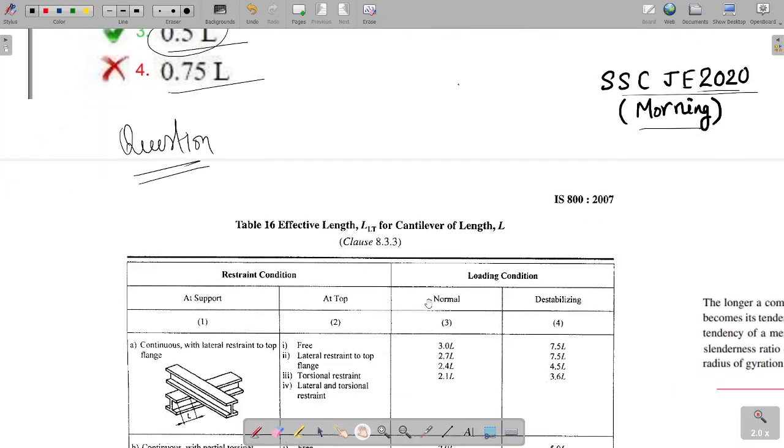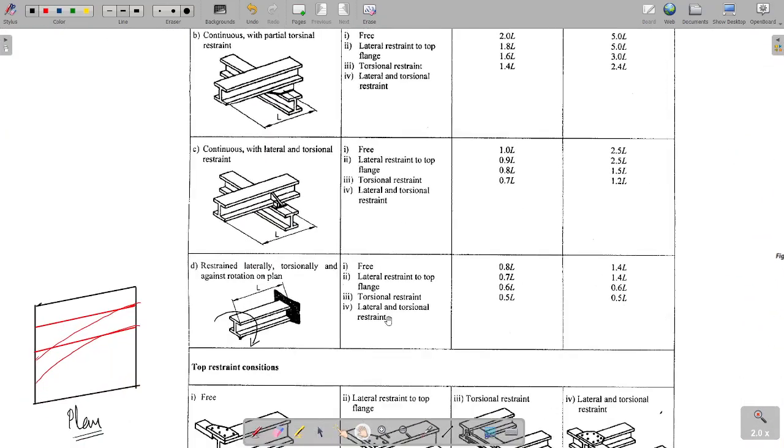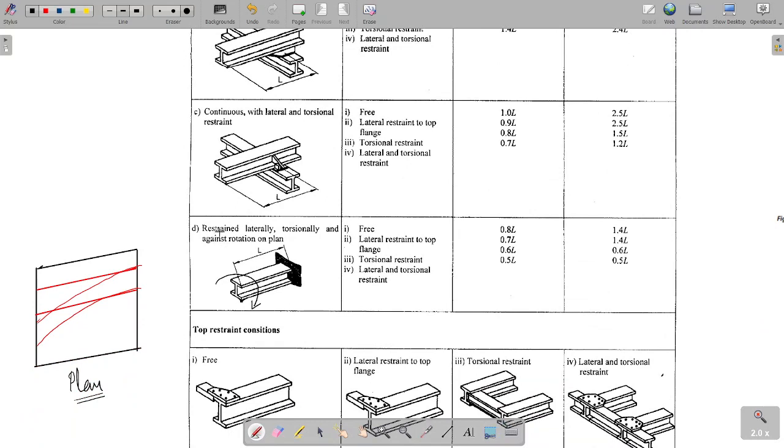Here this is the built-in support, and it is restrained laterally and torsionally and against rotation on the plan. Laterally there will be no deflection; the beam will not deflect laterally anywhere in these directions. There is no torsion, it will not undergo any torsional buckling, and against rotation also.